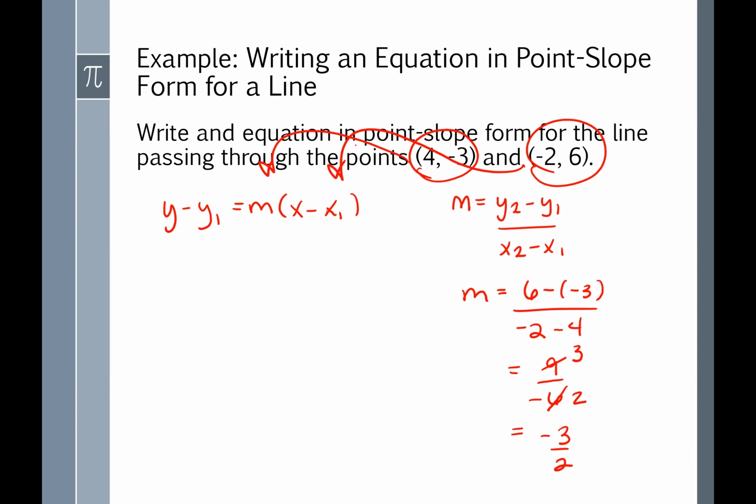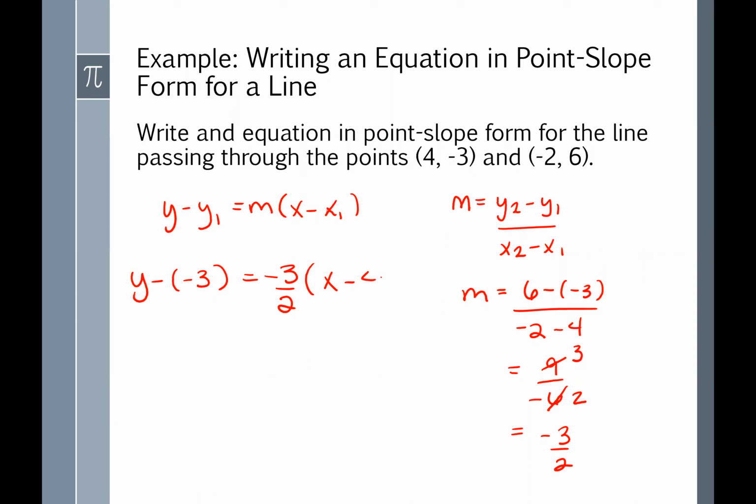I'm going to use the first point because it's first. So I have y minus a -3 equals my slope, which is -3/2. And aren't you grateful that in point slope form, you don't have to multiply this out? X minus 4. Have I got that all in there correctly? Y minus a -3 equals -3/2 times x minus 4. Yes, I do.